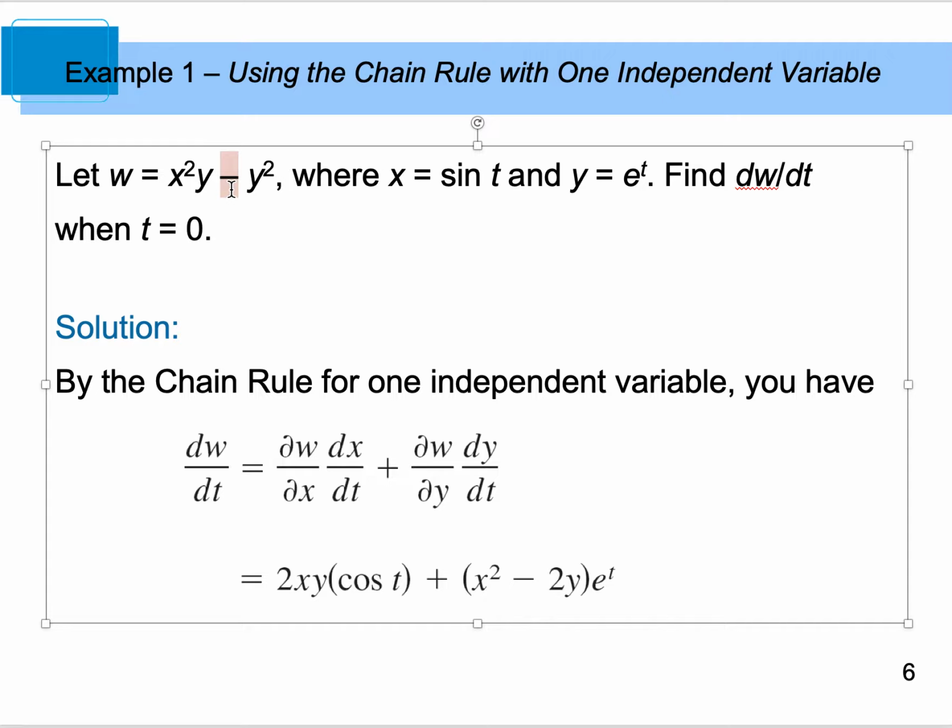So the derivative of x squared y, where x squared is just a constant, is actually going to be x squared. Then I'm going to have the derivative of minus 2y squared, which is going to be minus 2, because you bring the 2 to the front, you have 2y. Then you have to multiply that by dy dt. So dy dt, the derivative of e to the t, is e to the t.